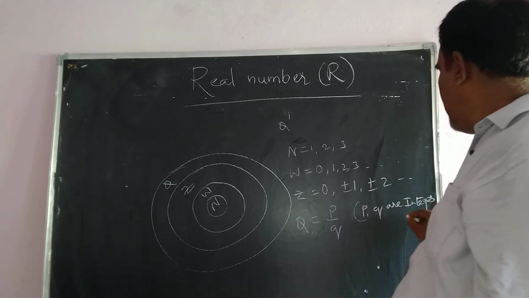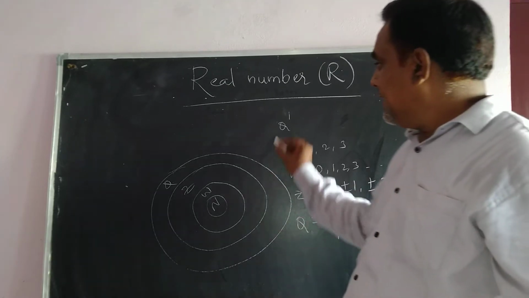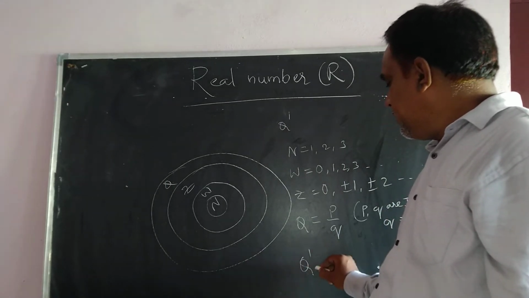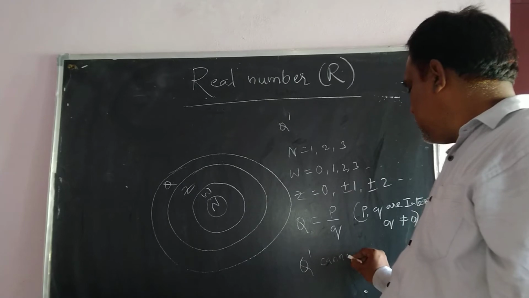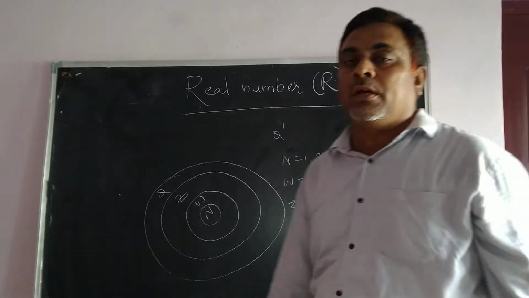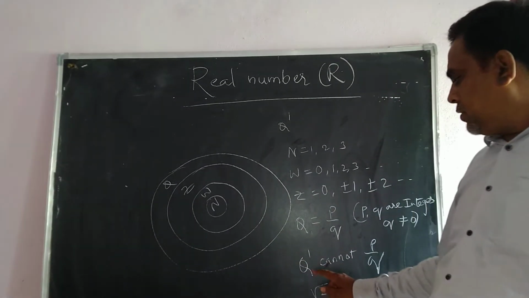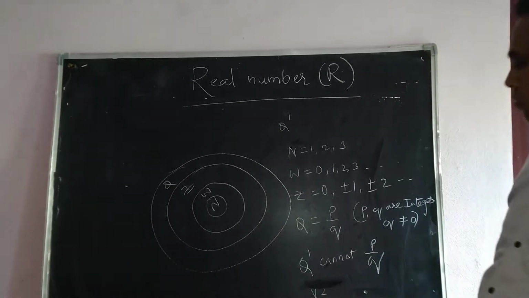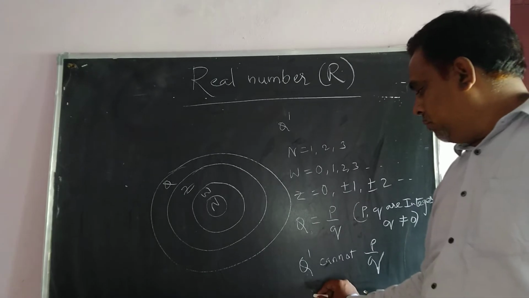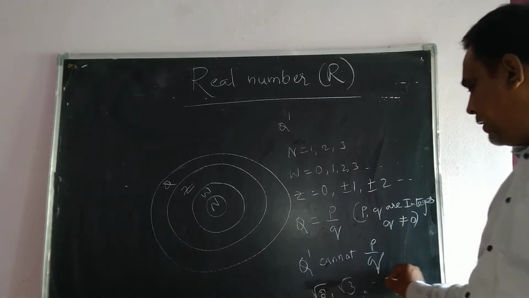and Q is not equal to 0. The set of irrational numbers cannot be represented in P by Q form. The irrational numbers are root 2, root 3 and so on.